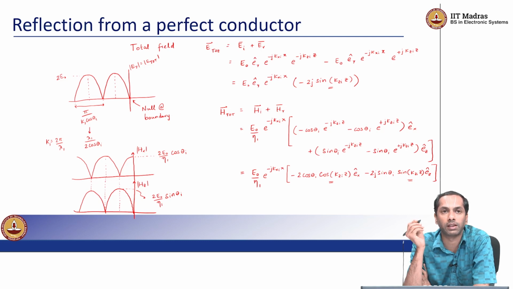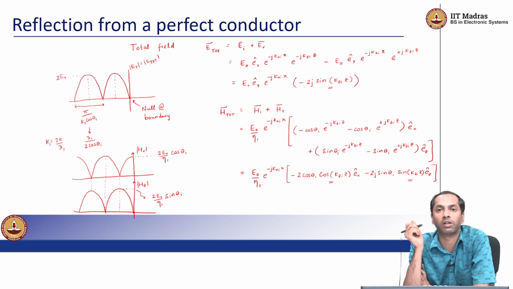Similarly, in the case of the parallel polarization, where the electric field is in the plane of incidence, you will find that there will be a component of the electric field that is normal to the perfect conductor, and once the surface charges are set up, you can have an appropriate boundary condition that relates the net normal component of the electric field to the surface charges, and you can estimate the surface charges as well, right.